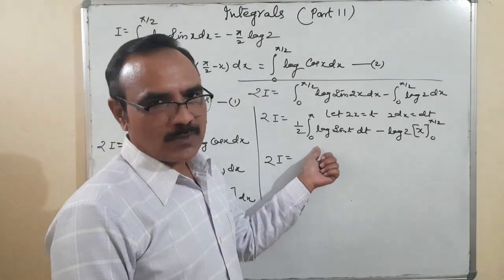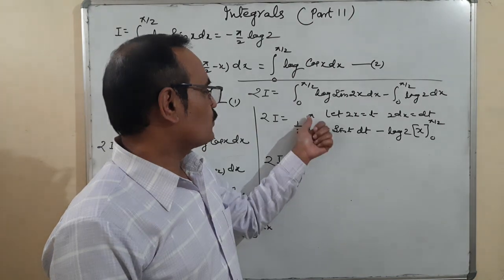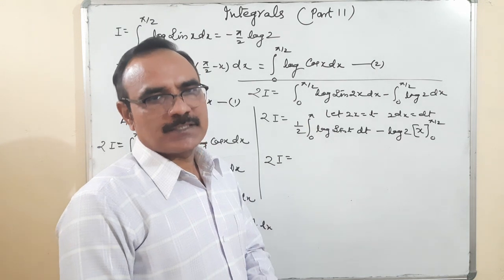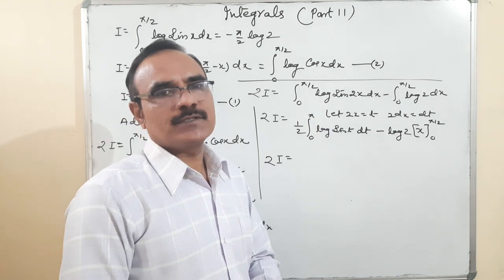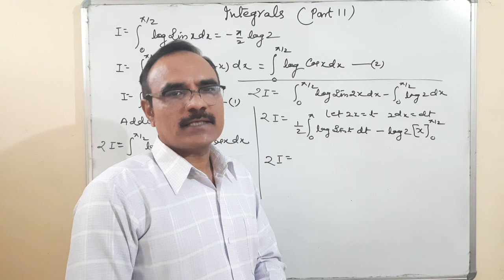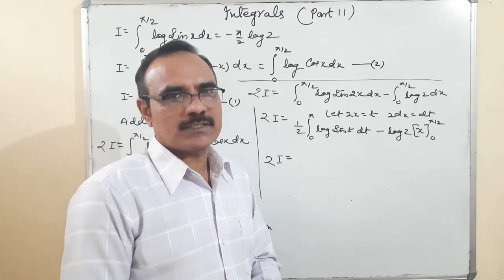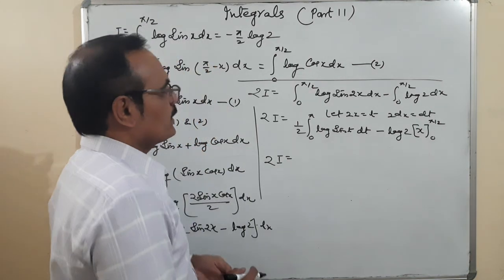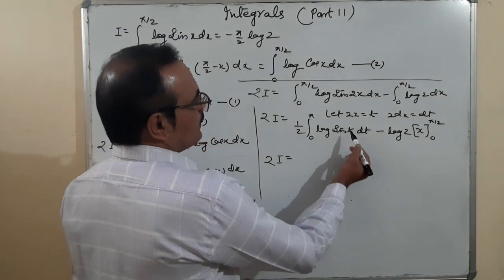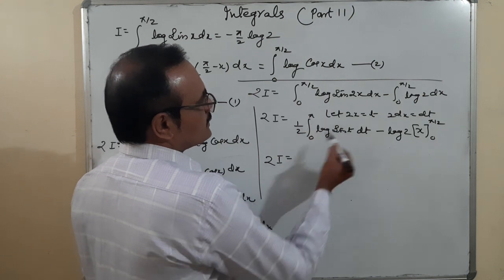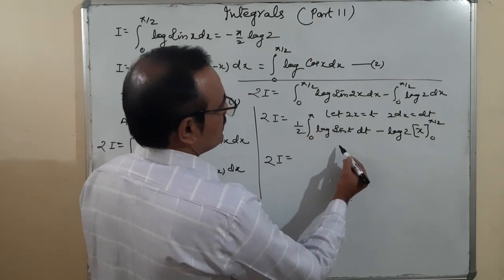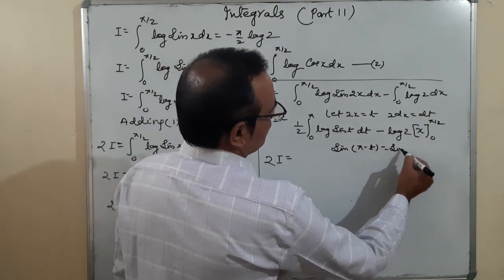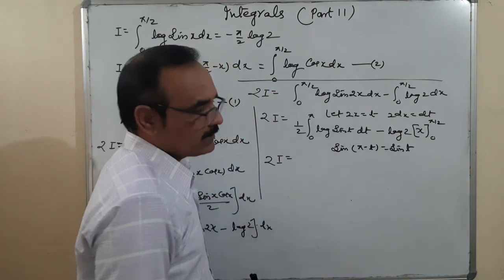By property P6, which says the integral from 0 to 2a of f(x) dx is equal to 2 times the integral from 0 to a of f(x) dx if f(2a minus x) is equal to f(x). So if I put here in place of t, pi minus t, then since sin(pi minus t) is equal to sin t, no minus sign is coming outside.